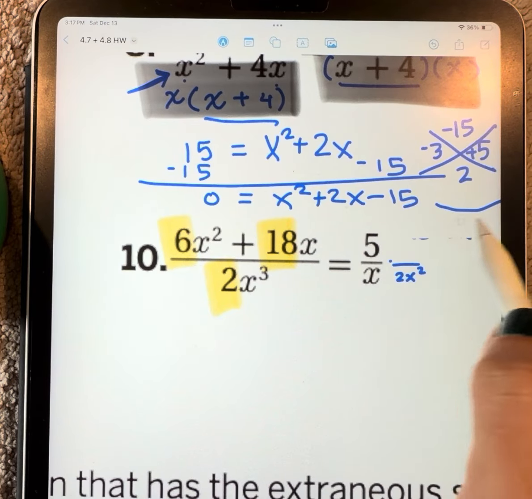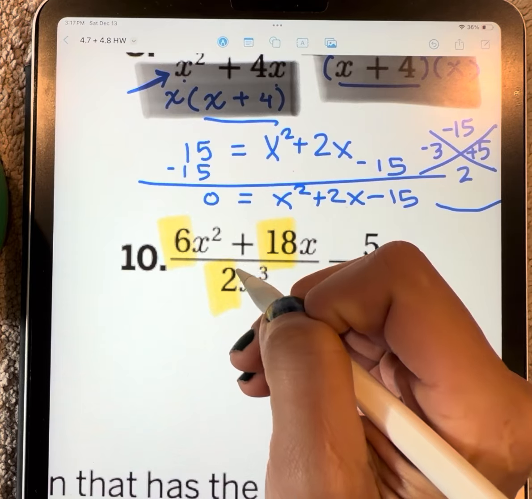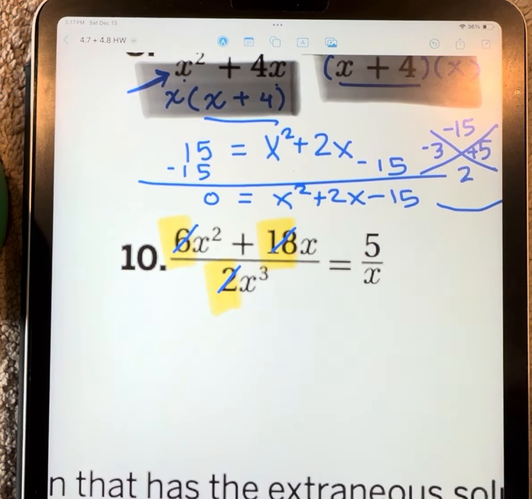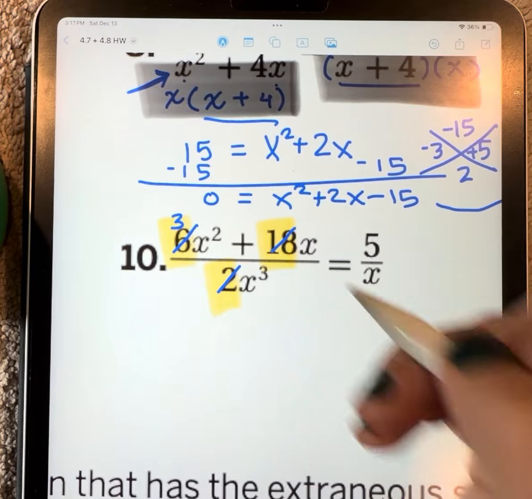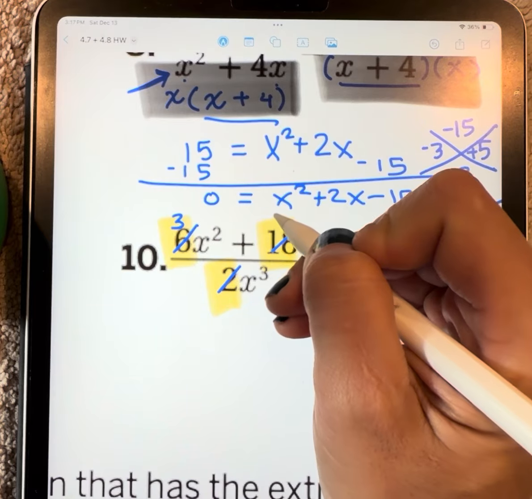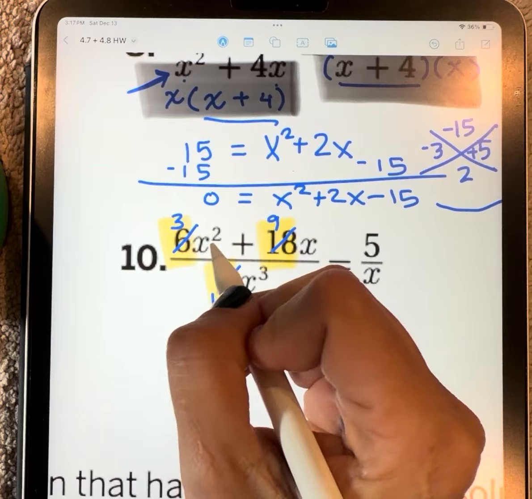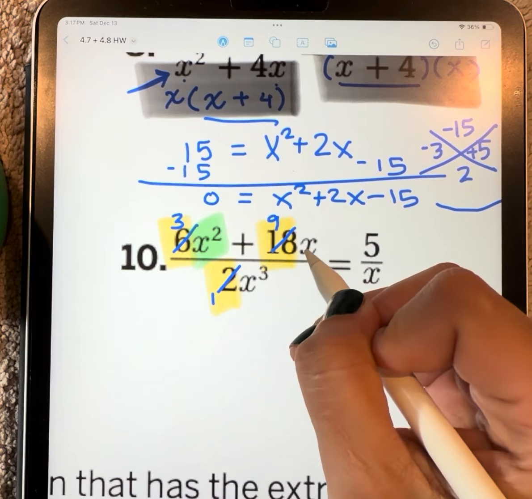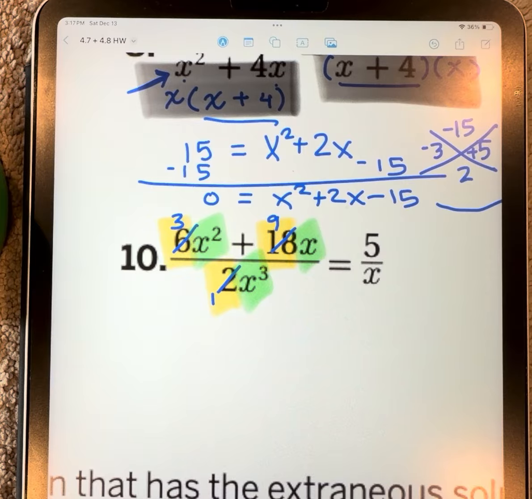But I'm saying, why don't we divide everybody by 2 so that this becomes 3x squared and this becomes 9x and this 2 becomes a 1 and goes away essentially. And then let's also notice that I have an x squared here, an x here, and an x cubed here. They all have an x.